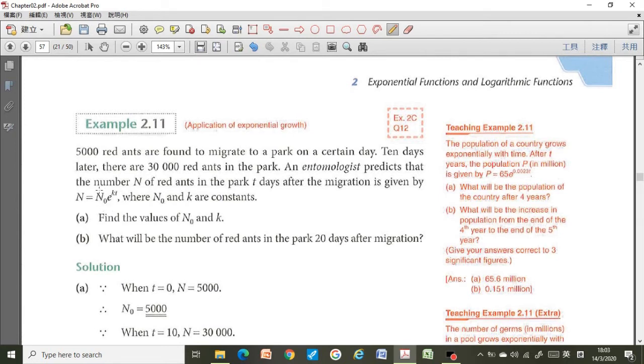How to calculate? You may put t equal to 0 to get it. Then you want to find the constant k, so you must have another value, that is 10 days later. That means t is equal to 10, because t is measured in days after the migration. When t is equal to 10, then N will be 30,000.